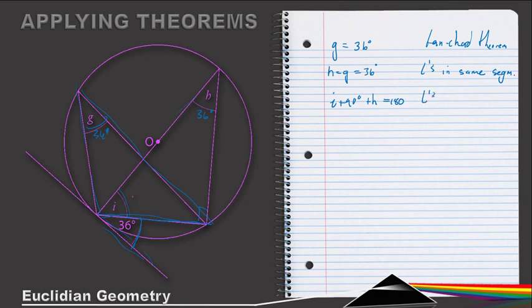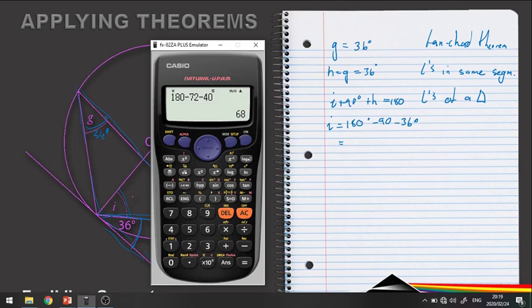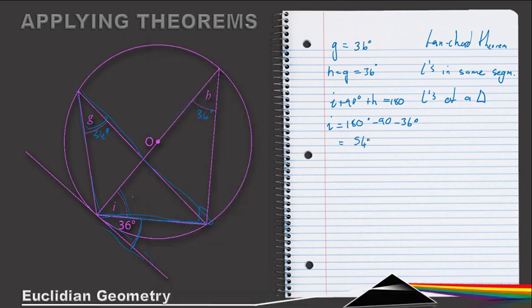So that's angles of a triangle. And to solve for that, I is equal to 180 degrees minus 90 minus 36 degrees. So 180 minus 90 minus 36 gives us 54 degrees.